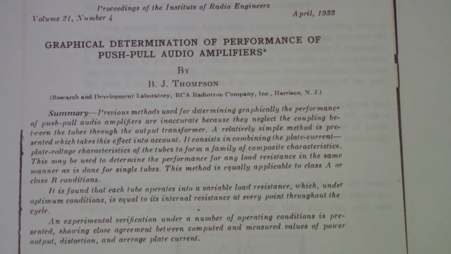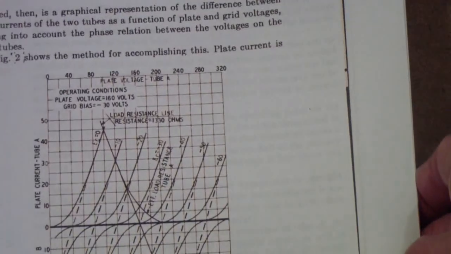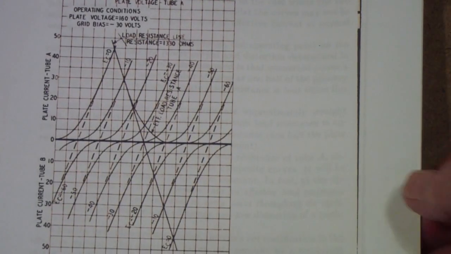Now, I'm not going to go into the mathematics, but basically what he is saying is that you operate this tube at the operating point that is determined by these composite characteristics.